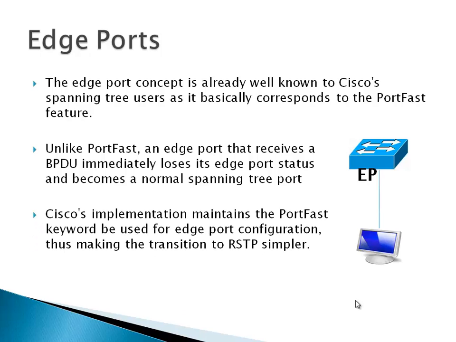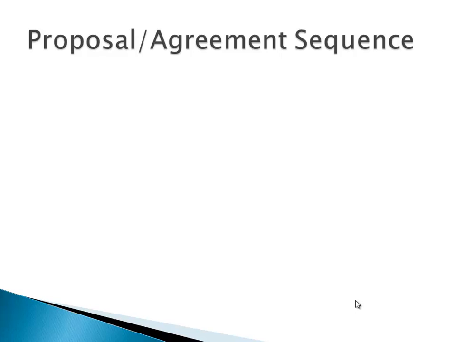Cisco implementation maintains that the port fast keyword be used for the edge port configuration, thus making the transition to RSTP simpler. So we still use port fast, but we know port fast is Cisco proprietary. So it's an edge port, but the keyword is still the same.